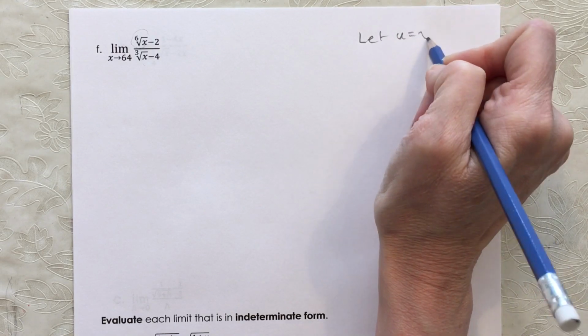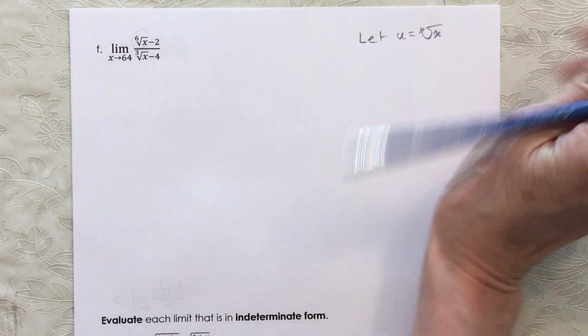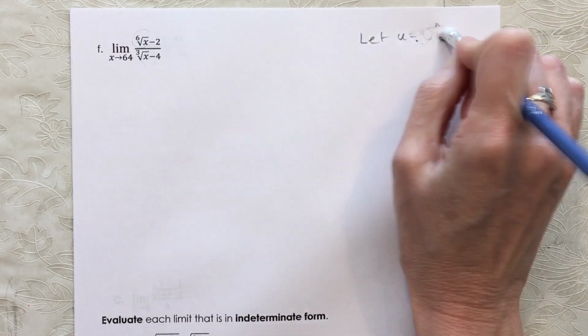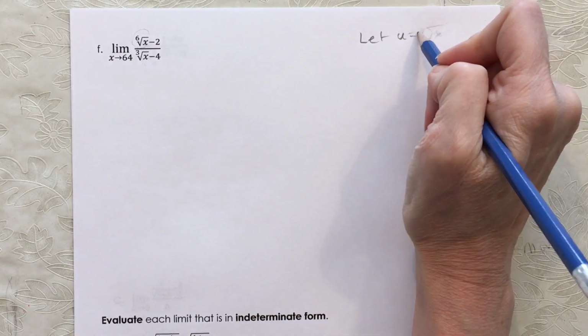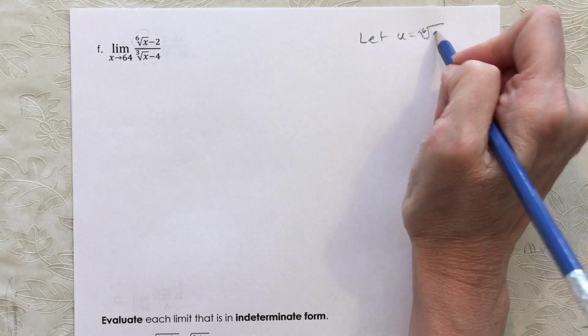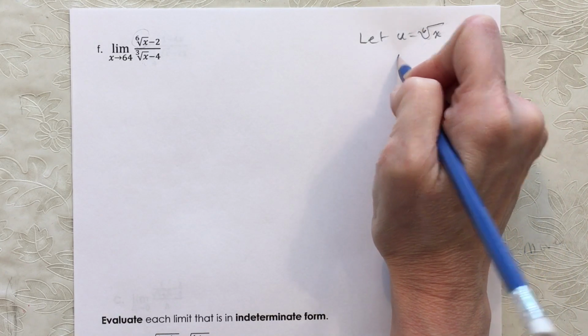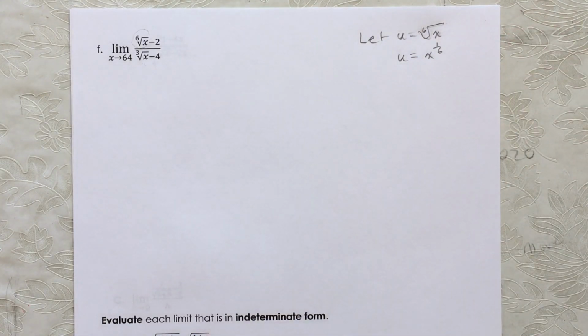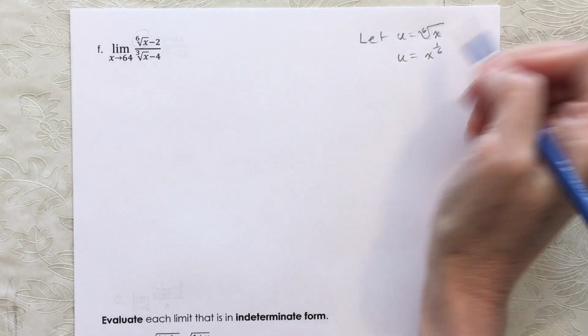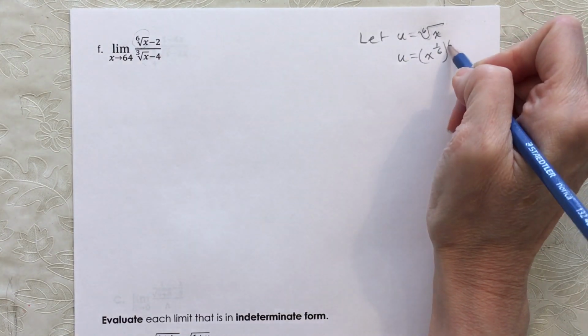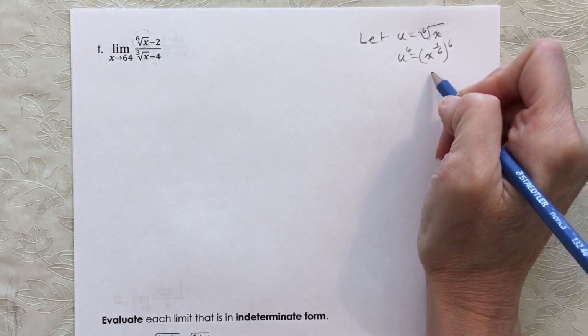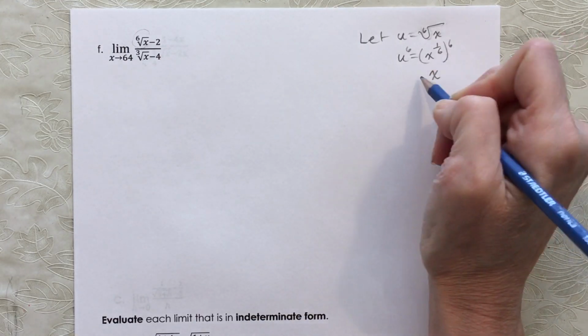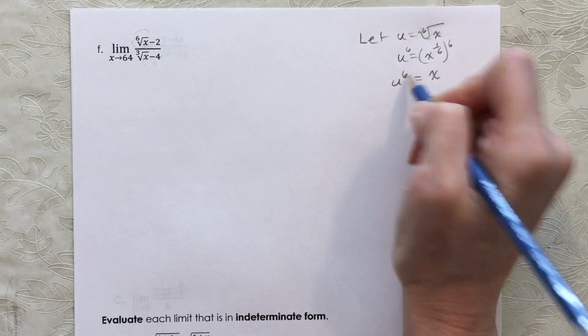So let u equal the 6th root of x. Which is the same as having it equal x to the 1/6. Okay? And then to figure out what x is, I would put both sides to the 6. So that gives me x to the 1 on this side is u to the 6th.